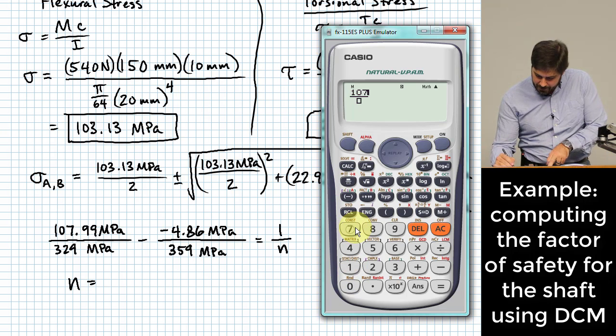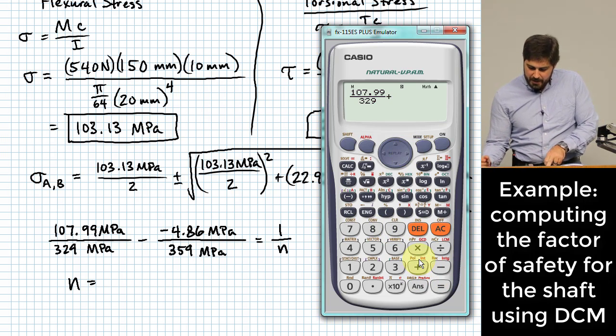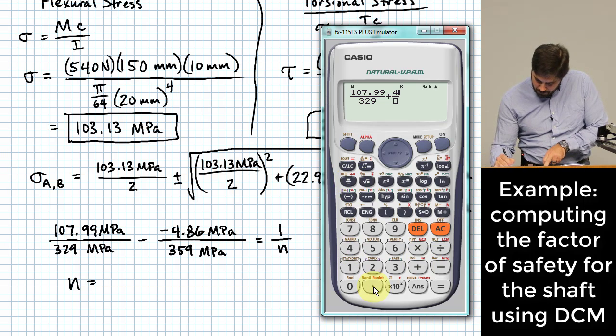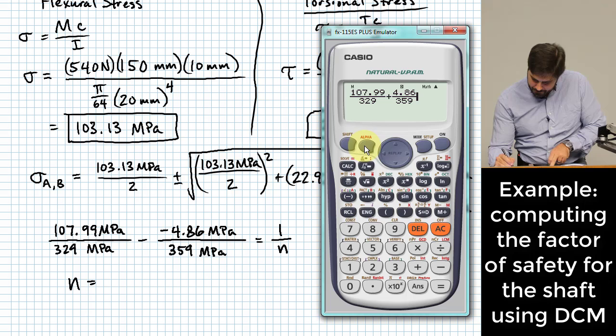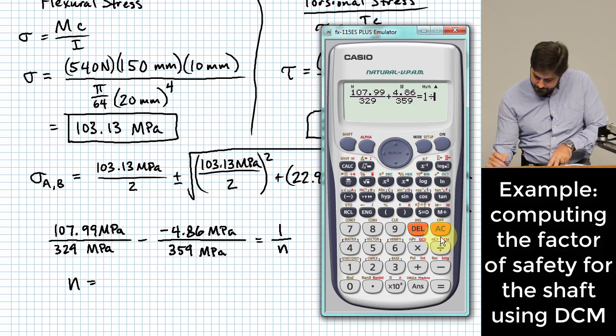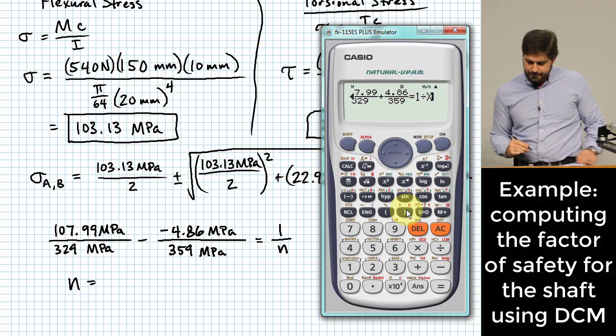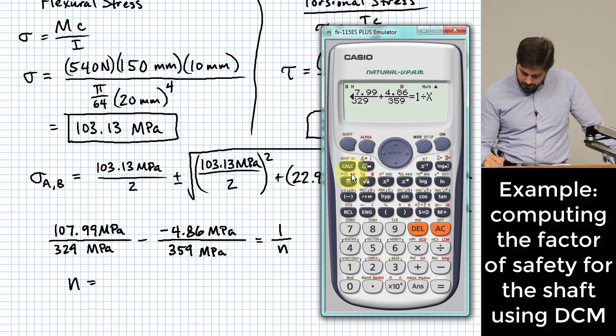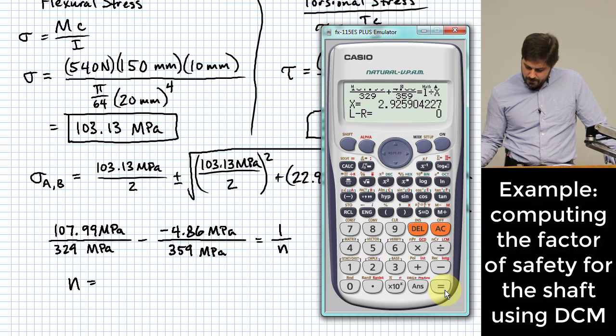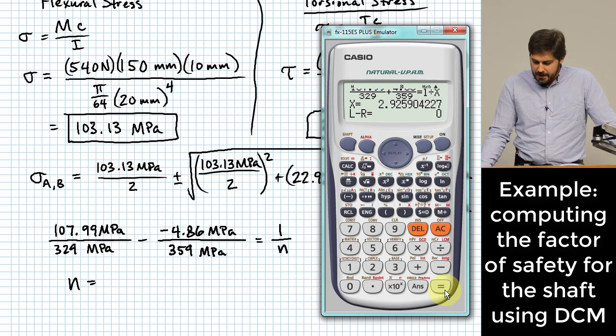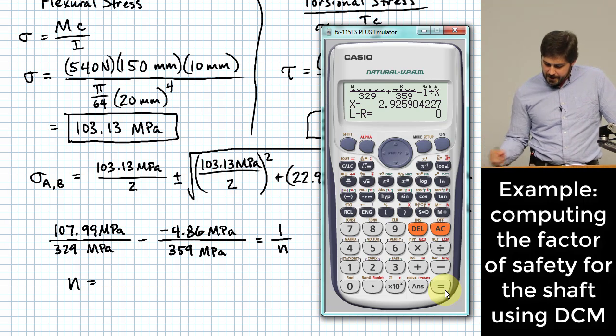107.99 over 329. The negative and the negative make a positive, 4.86 over 359. This is going to be equal to 1 over a variable. I'll tell it to solve, and that gives me a factor of safety of 2.926.